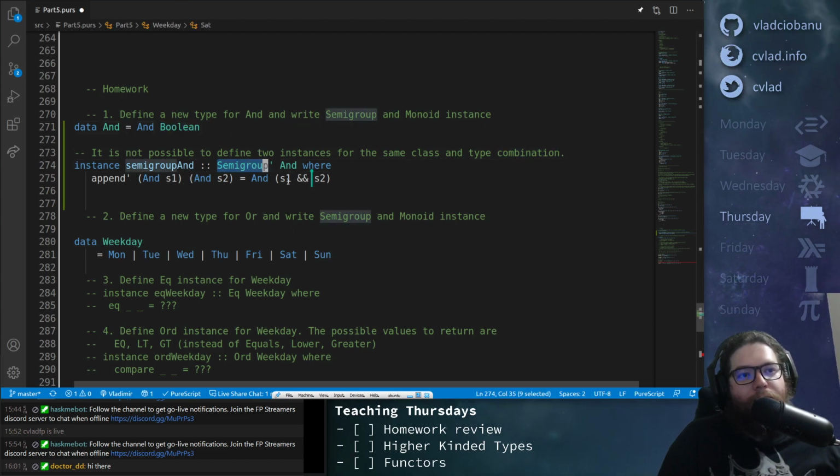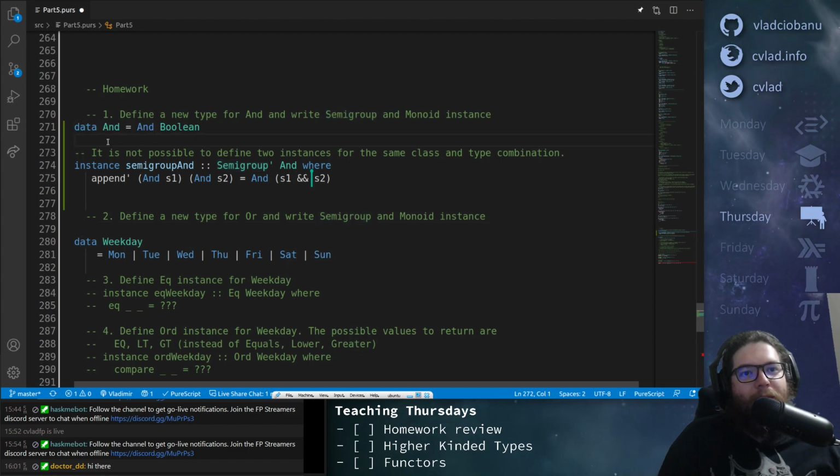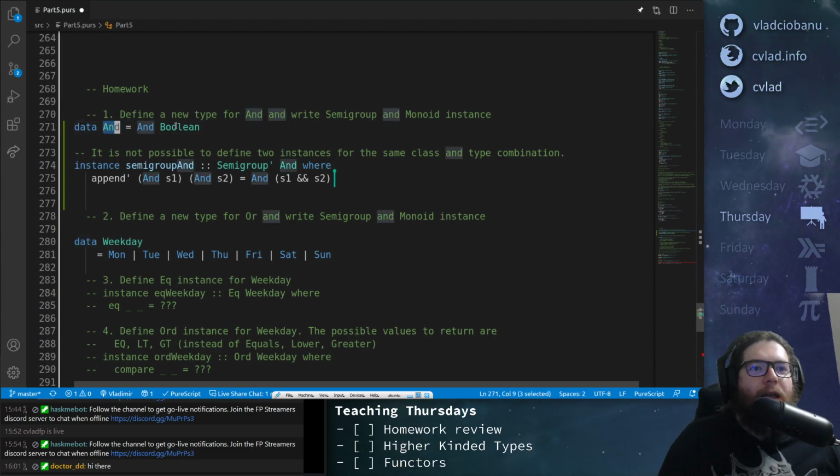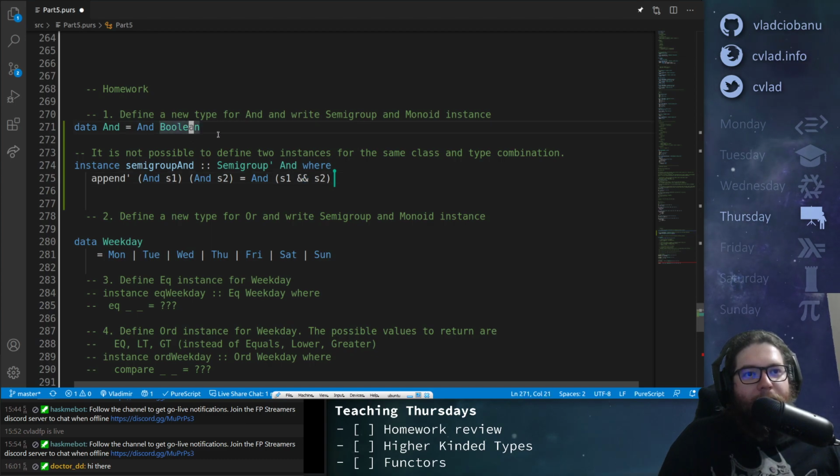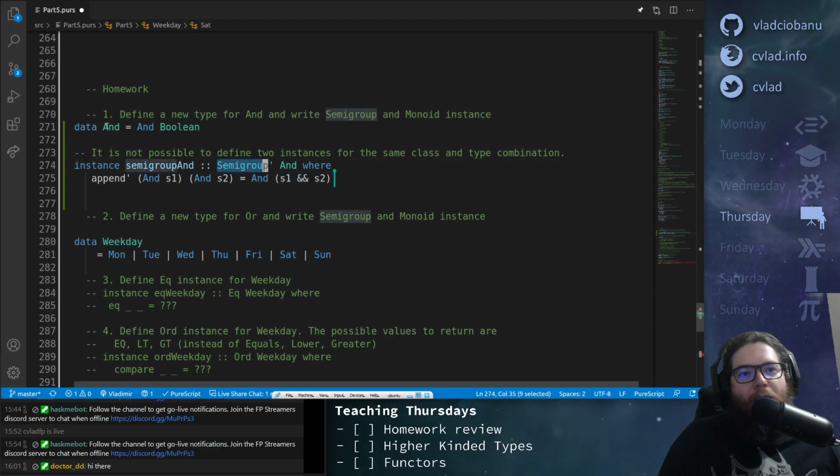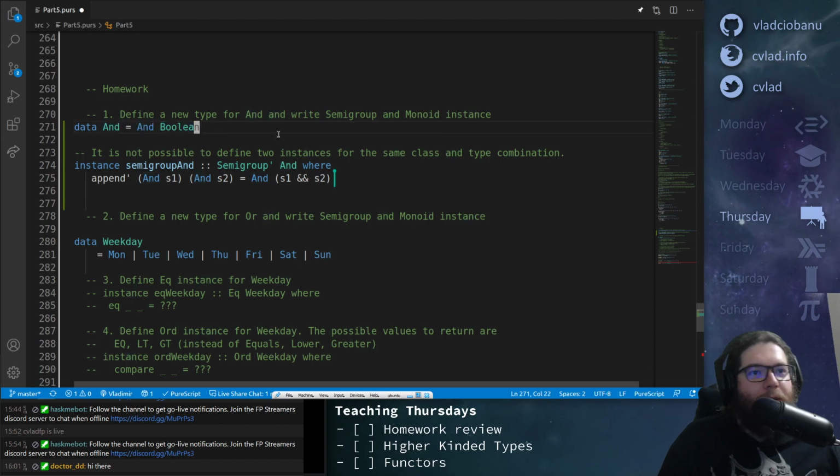You can do either And or Or, but not both. You actually told me that last lesson as well. So if you want a semigroup instance, you have to wrap it into a newtype.